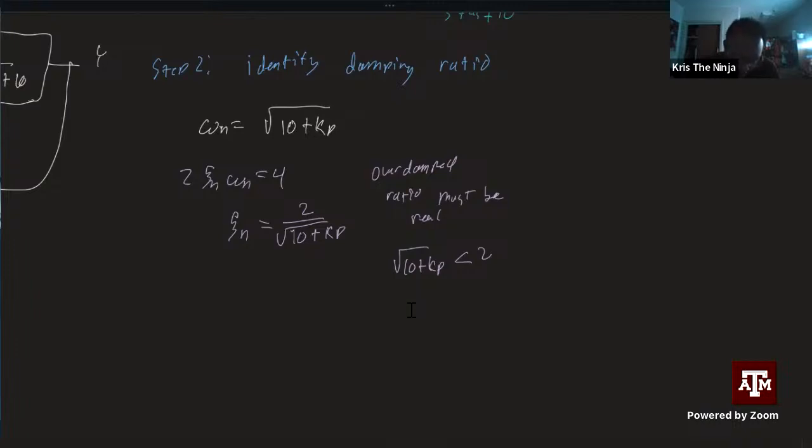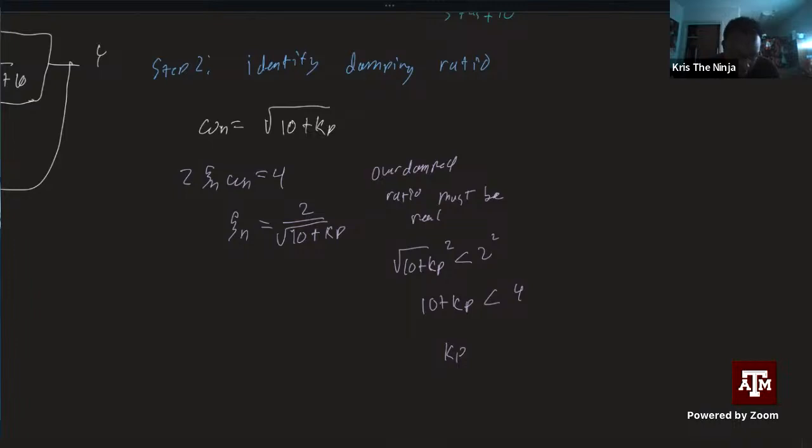Well, let's continue then. Square both sides. You get 10 plus Kp is less than 4, and then you say that Kp has to be between -10 and -6.